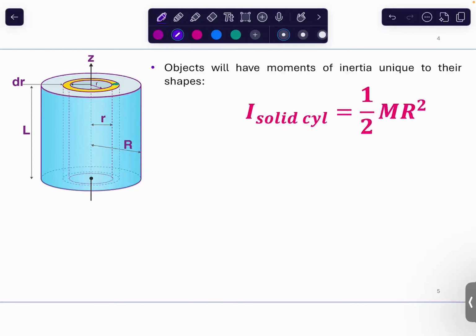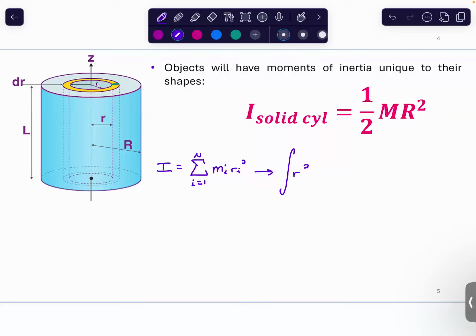So if we start with our moment of inertia, and we're going to sum up each individual tiny differential of the cylinder, this becomes an integral.